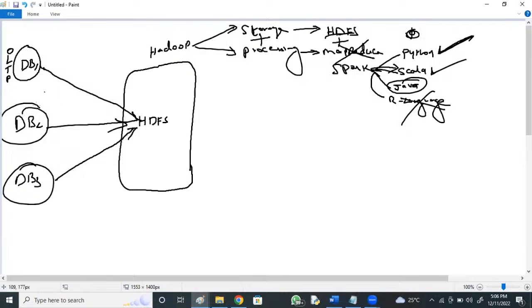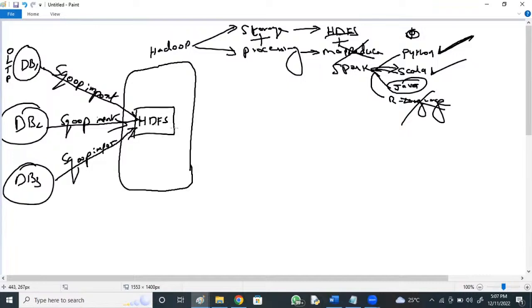Generally, how do you pull the data? You use a component called Sqoop import. Sqoop is nothing but SQL plus Hadoop. Into HDFS you are going to bring the data from different sources to Hadoop.